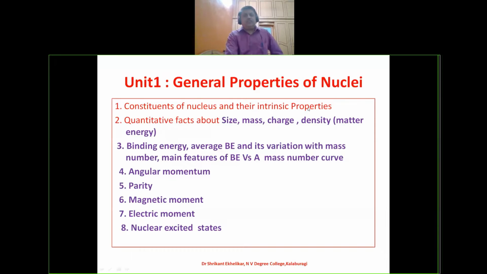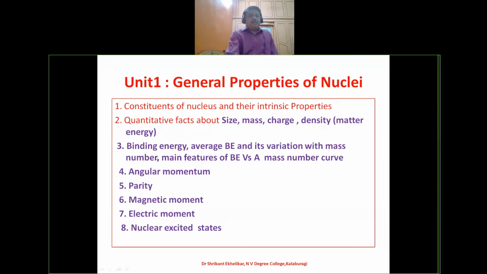The constituents of nucleus and their intrinsic properties associated with the protons and neutrons, and then the other properties of nucleus: size of nucleus, mass of nucleus, charge of nucleus, density of nucleus. Most important is binding energy, average binding energy, how this average binding energy varies with mass number. Then the very important feature, the average binding energy versus mass number curve, which we will be explaining.